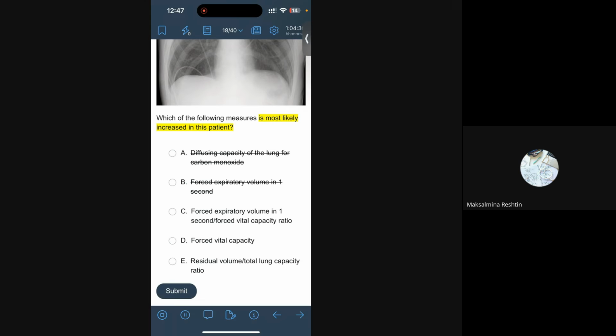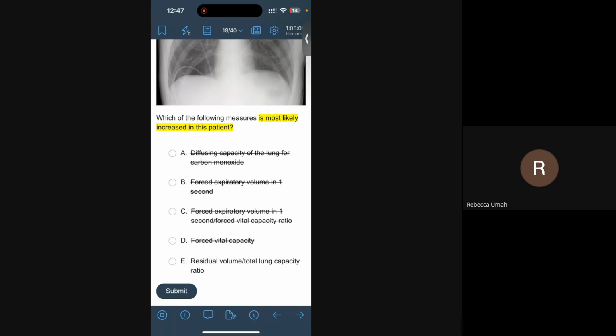Decreased. Forced vital capacity? Decreased. And the residual volume? Increased. Total lung capacity? Increased.